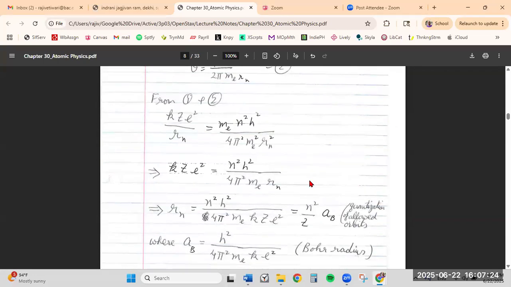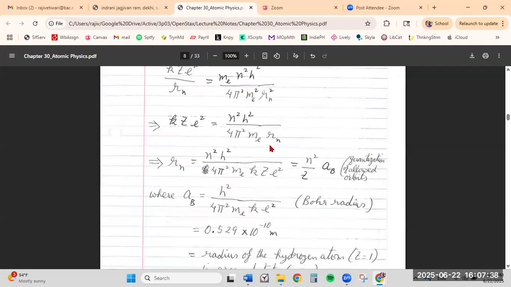And you can simplify this. For example, rn here can cancel one of the rn's here. And then me here cancels one of the me's here. So you end up with this. And then if you solve for rn, multiply both sides by rn and divide by k Z e squared, you get this equation.